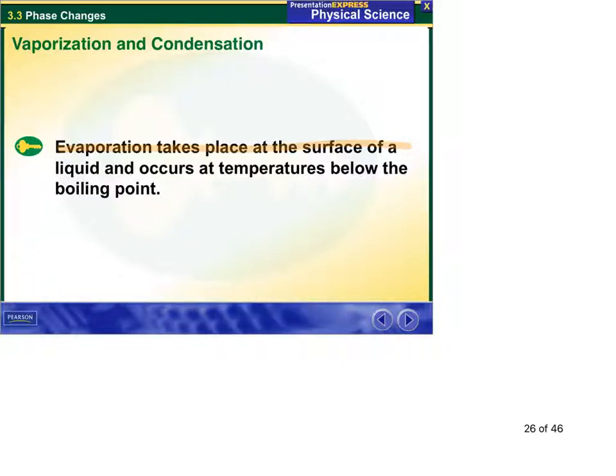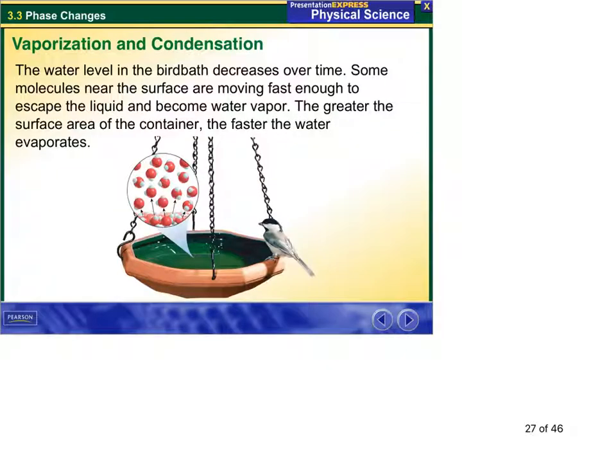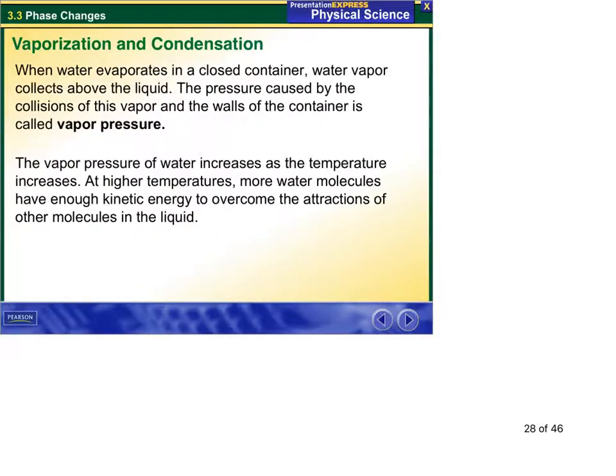Evaporation takes place at the surface of a liquid and occurs at temperatures below the boiling point. So here, water molecules at the surface of this bird bath can jump out into the atmosphere, and that's what's causing the evaporation, and it'll happen at temperatures below the boiling point.